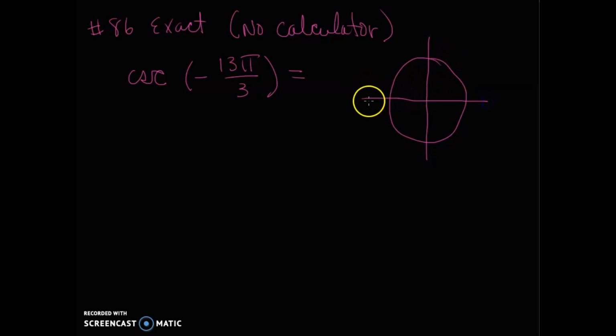So 13 pi over 3. If we want to think of this as pi's, 13 divided by 3, 3 goes in that 4 times, that'll be 12. And 1/3, right? So this will go 4 times, but these are pi's. 1, 2, 3, 4 times, and then 1/3 of a pi, which is that pi over 3 spot.